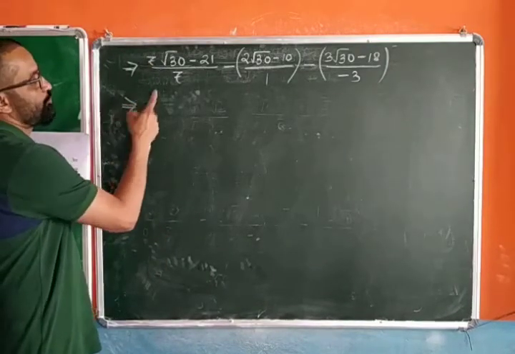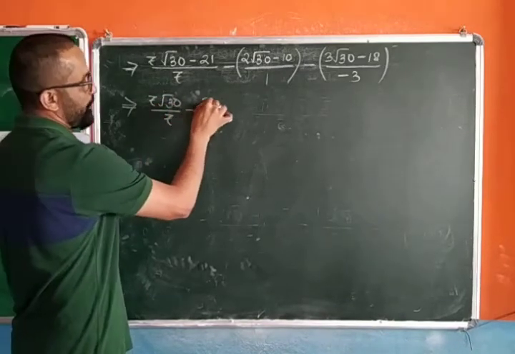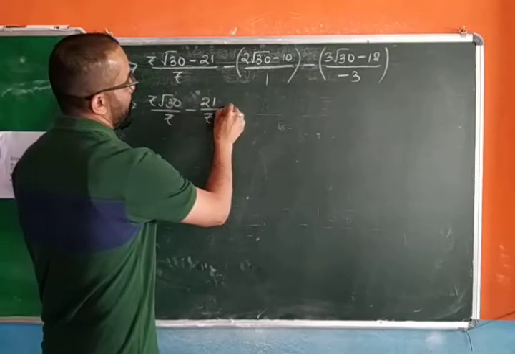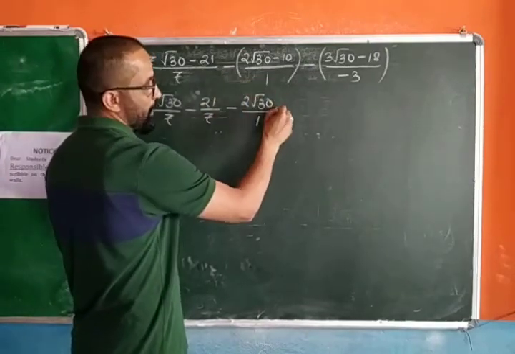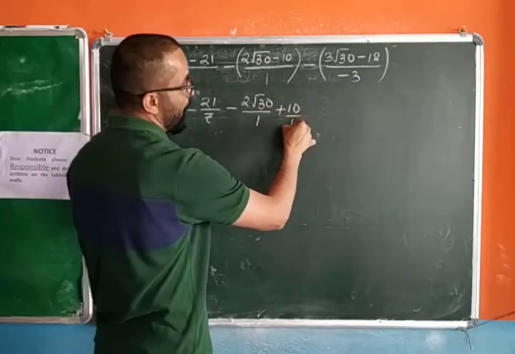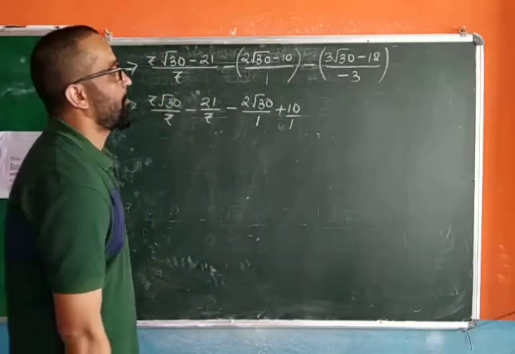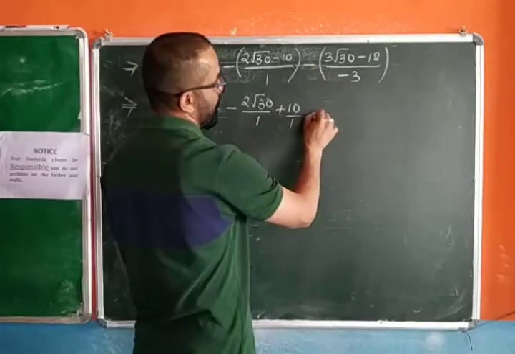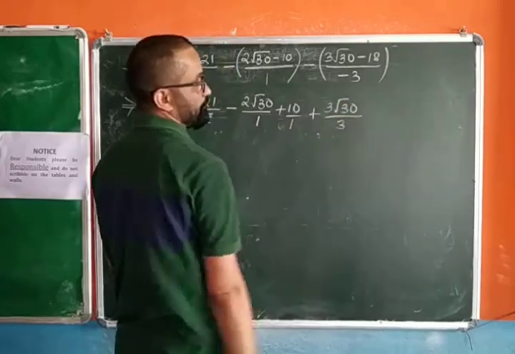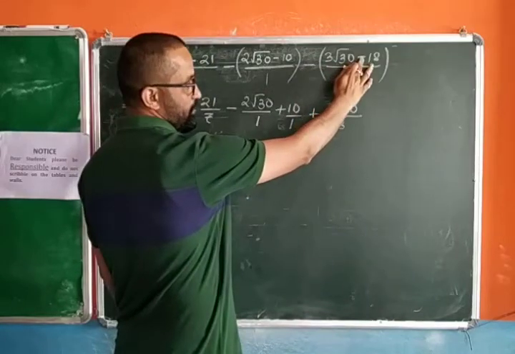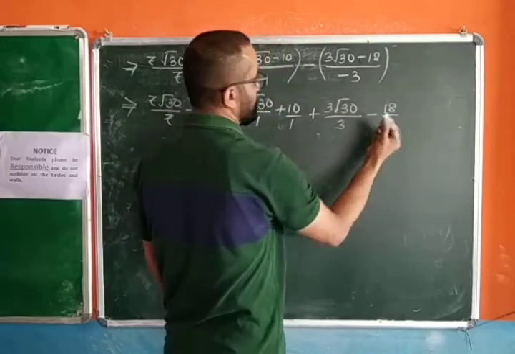Individually you divide: 7√30 divided by 7, minus 21 divided by 7, minus (2√30 divided by 1), minus into minus is plus 10 divided by 1. Now you divide with the minus sign first. Minus divided by minus is plus, 3√30 divided by 3. Minus into minus is plus, plus divided by minus is minus, 18 divided by 3.